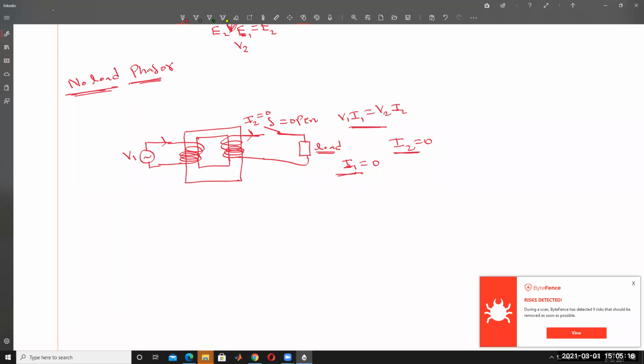So some amount of E1 is exactly in phase opposition. To develop E1, some amount of magnetizing current is required.